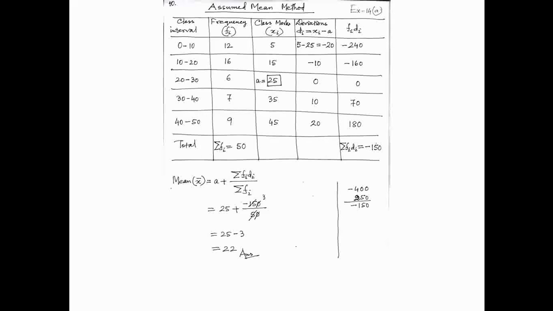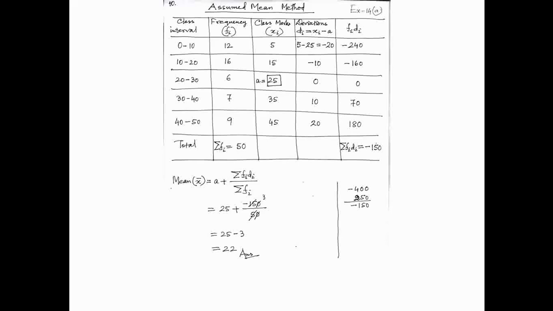Same exercise, question number 10, but we have to calculate the mean by the assumed mean method. First of all, you write all the class intervals from the question. Then you copy all the frequencies that are given.